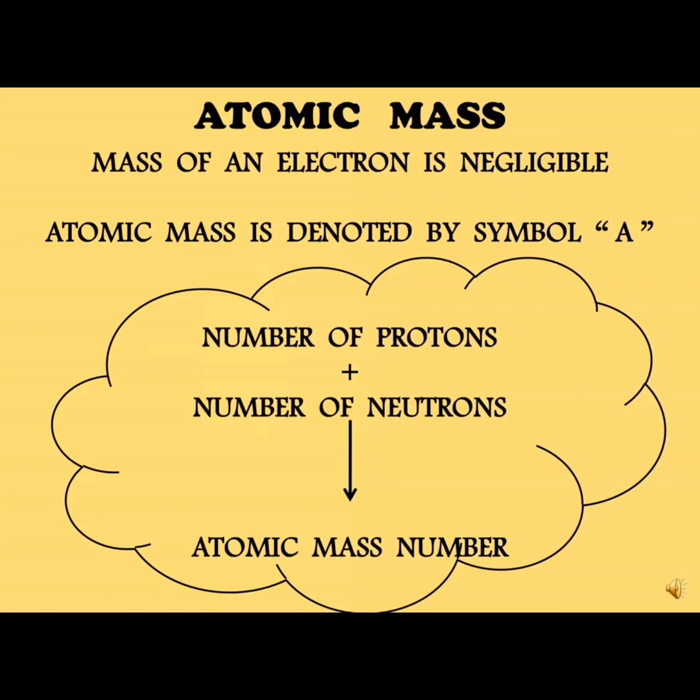Now atomic mass is denoted by the symbol A, capital A. What is the meaning of atomic mass? Atomic mass or atomic mass number is just addition of the number of protons and number of neutrons inside the nucleus. So you just add up protons and neutrons, and the number that you get is called the atomic mass, or it is called the atomic mass number.